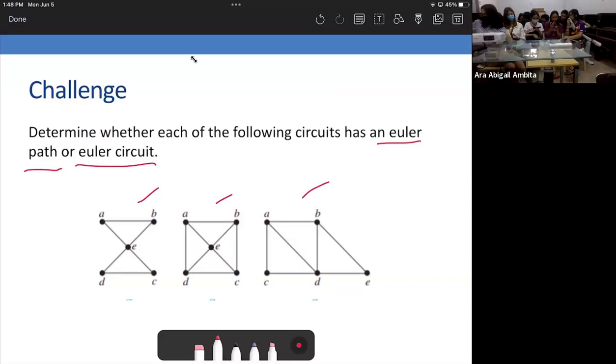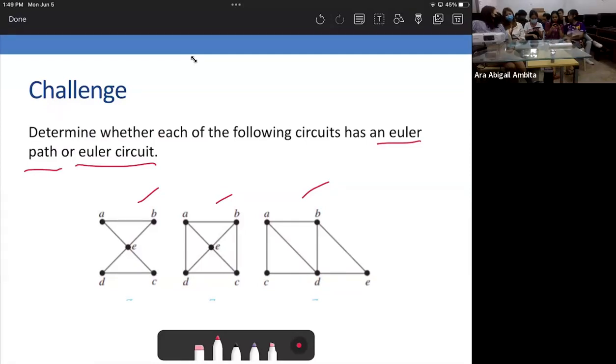Only E has four edges, adjacent vertices, but the rest are 2. So how about the second? No, it is not, because A, B, C, and D have three edges. Okay? And then the last one has only a path. Where are the two vertices with 3? A and B. Okay.